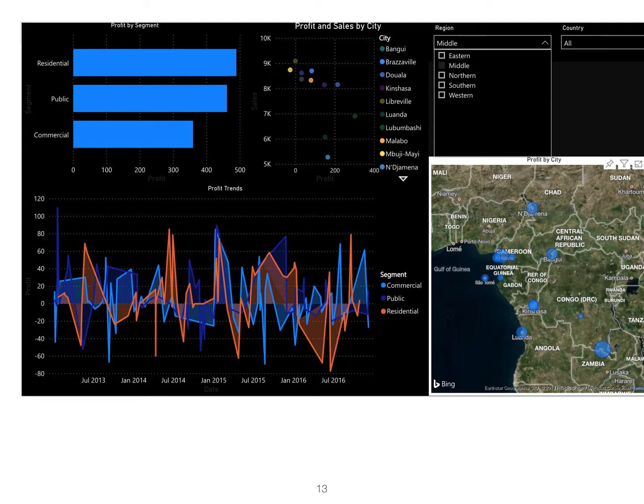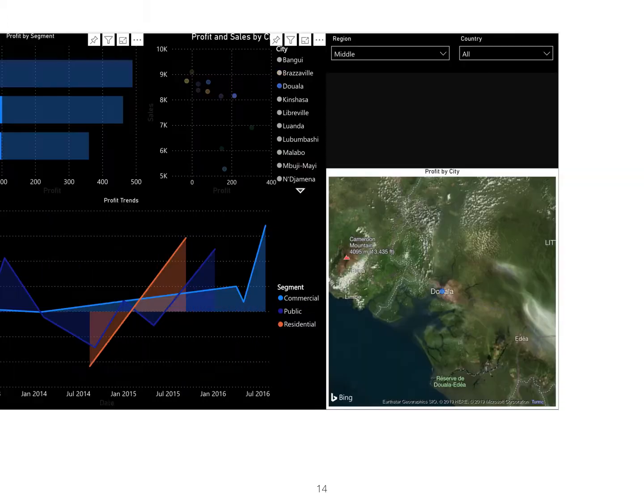And on the profit trends, we see the profit level varies by the different segments. So we have commercial, public, and residential, and the different dates as well on which the profits were made.